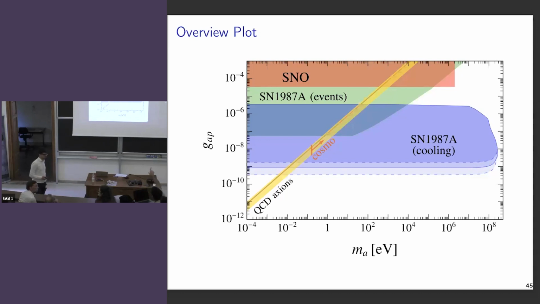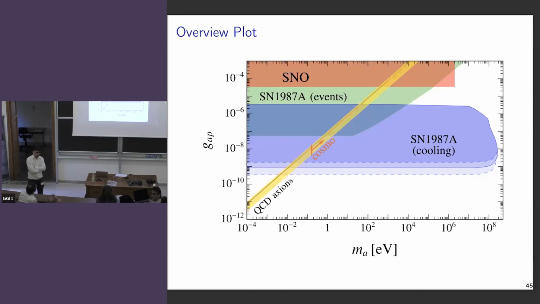Yeah, and they got this bound, which is very strong. It is based only on this axion-nucleon coupling, and it was a PRL in which they discussed this. It was based actually on the same process through which axions are produced in the sun, but the inverse process, so the axial dissociation of the deuterium inside the SNO.